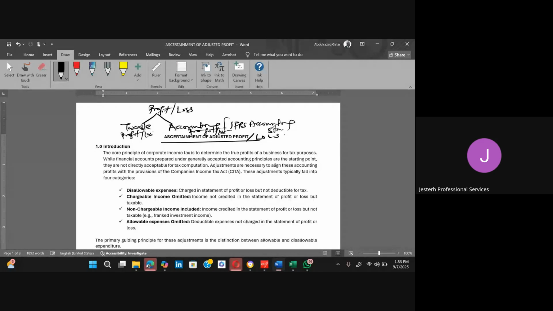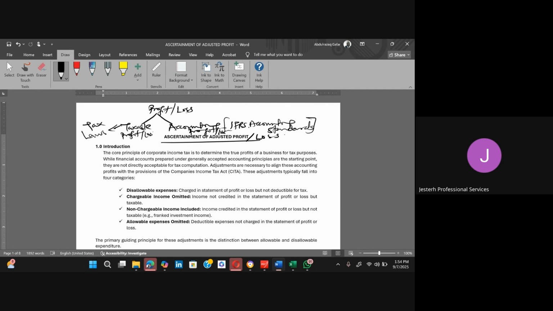Please, I want this class to be interactive. So we prepare our accounting profits based on IFRS accounting standards, and our taxable profits are prepared based on what? Based on our tax laws. Are you getting my point now?